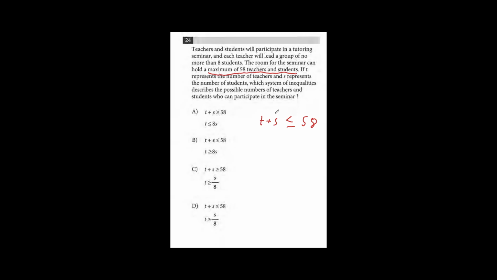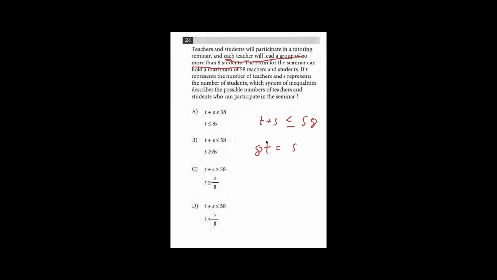And then for the second inequality, we're told each teacher will lead a group of no more than 8 students. So if we multiply the number of teachers by 8, say if we have one teacher and we multiply it by 8, then that means we have 8 students, right? So that means one teacher to 8 students.